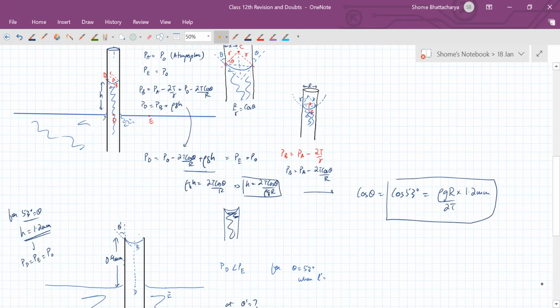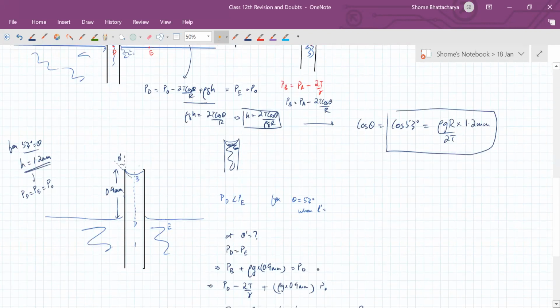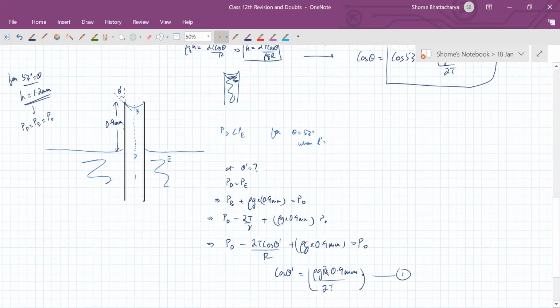So we'll compare these two equations now. There is an r also here. So just divide the two equations. You'll get the ratio of cos theta prime and cos theta, and from that you will get theta prime.